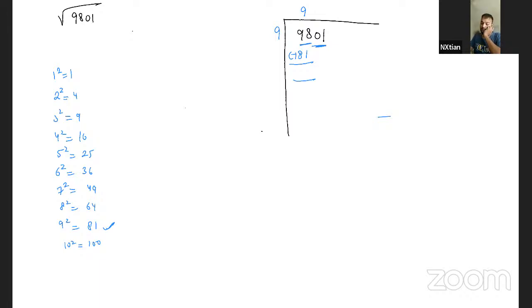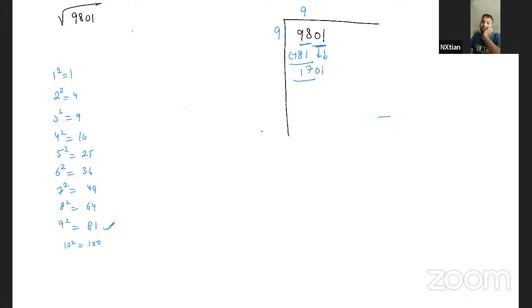So, Jahuan, first I will write 99 square as 81. Did you understand? So I will subtract it, and then it will become 1701. What I did, I took out this 01 also here.